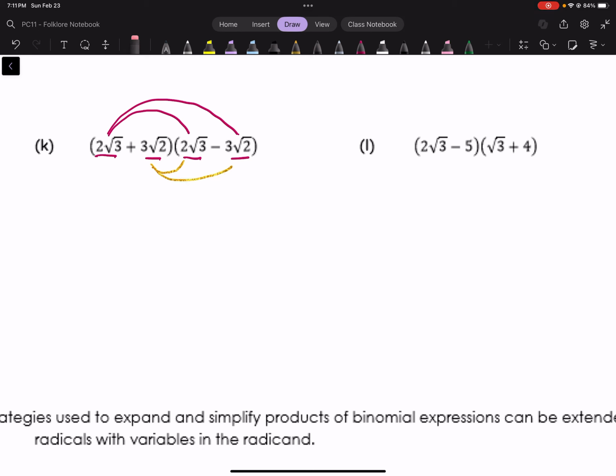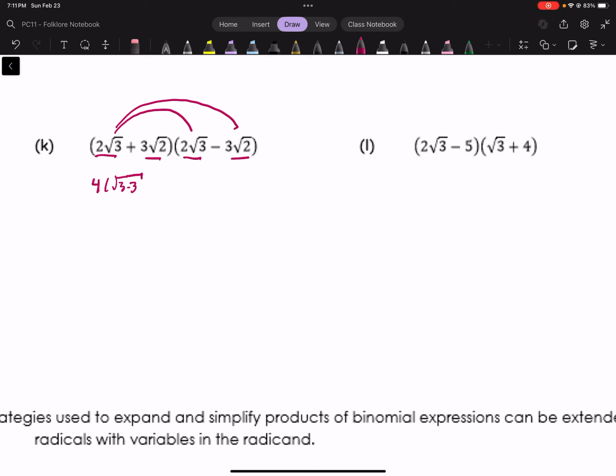So in my first red multiplication, I'm going to say 2 times root 3 is going to be 4 times the root of 3 squared. Or, keeping it consistent with how we've been doing things, I could write it as 4 times the root of 3 times 3.